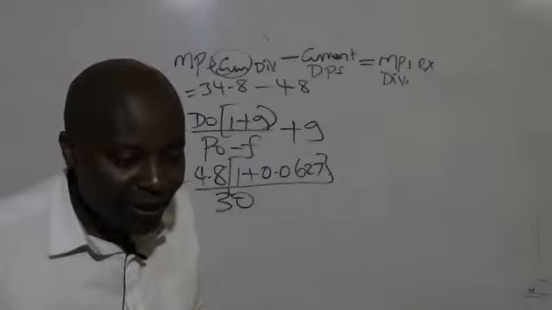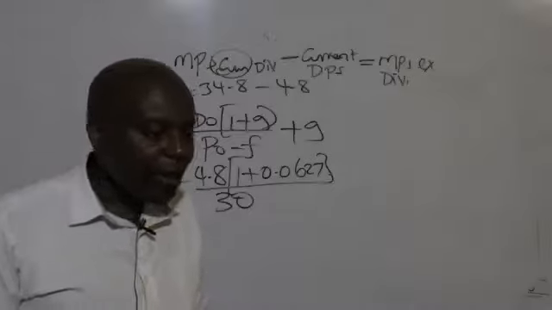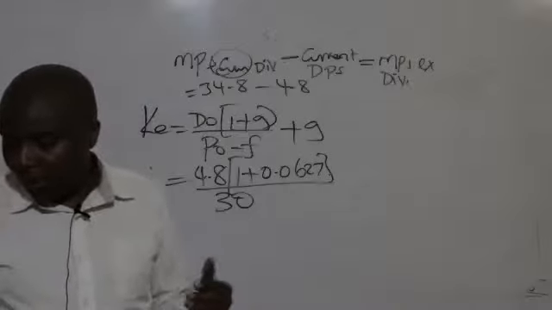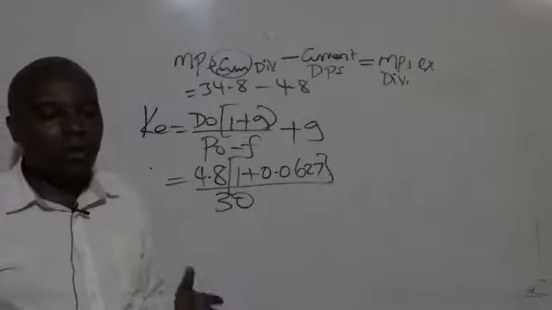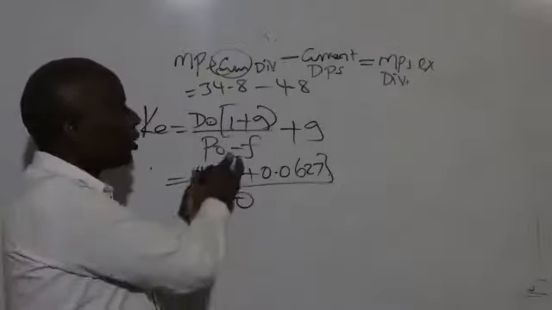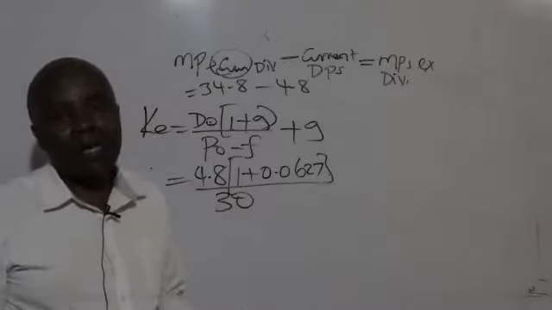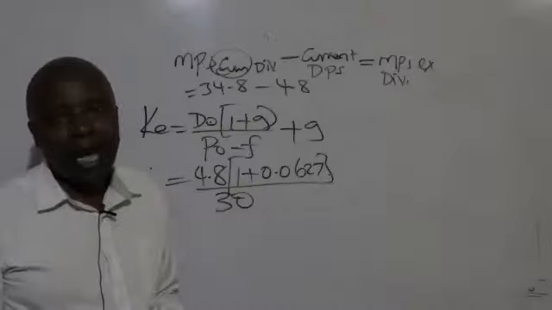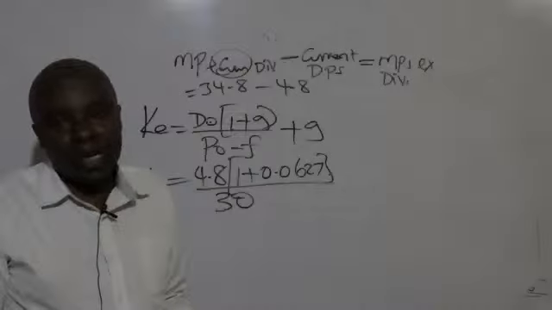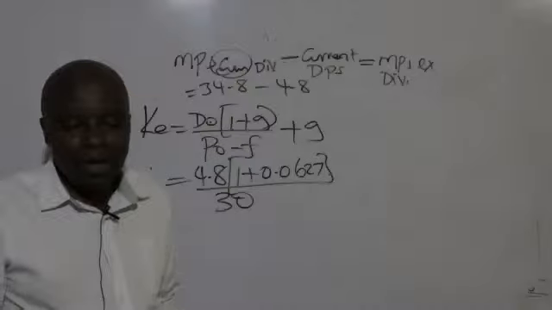Remember, D0 is not supposed to be the oldest. The students will tell you that this 0 stands for oldest. No. The 0 stands for the most current dividend. Between these years given there, 2015 to 2018, which one is the most current year? It is 2018. And what's its dividend? It's 4.8.